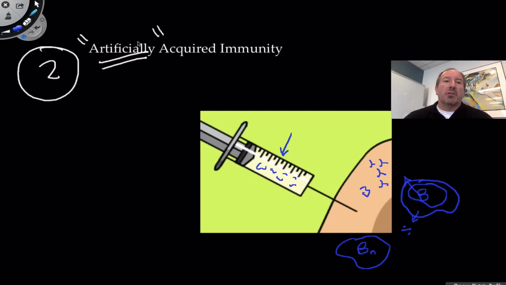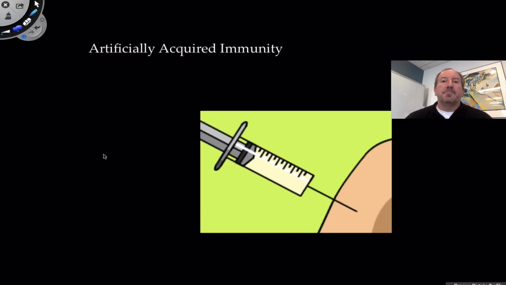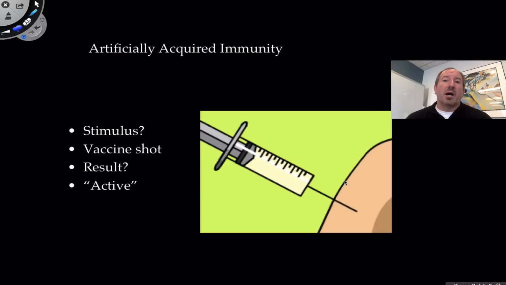And so it's artificial because you're not actually getting sick. The fact that it's called artificial is that you're getting a shot. But it's acquired, and so you acquire this immunity. So the stimulus is a vaccine, so it's a vaccination shot. And the result is that you have living memory cells that are able to respond very vigorously to a particular germ.